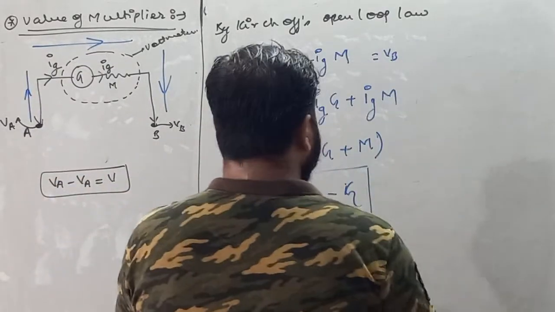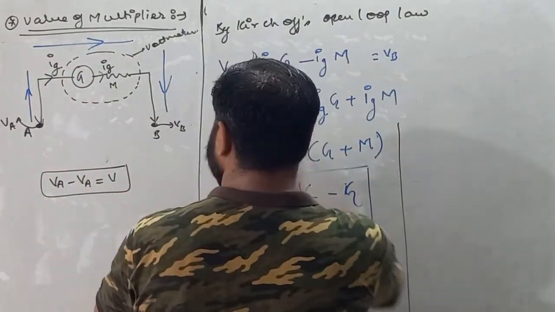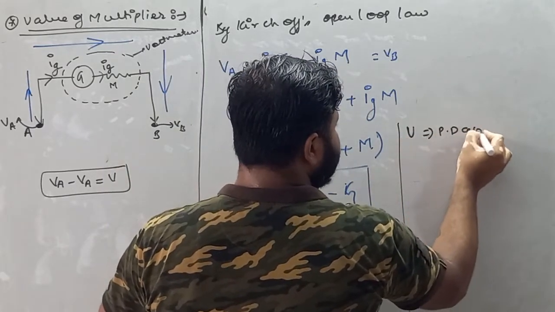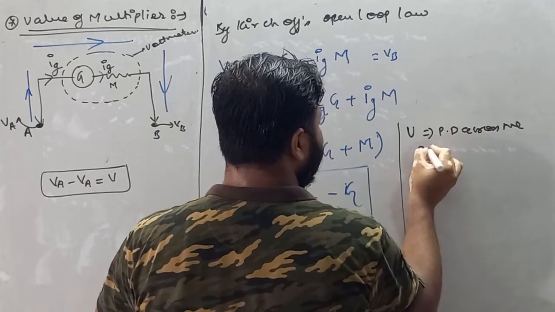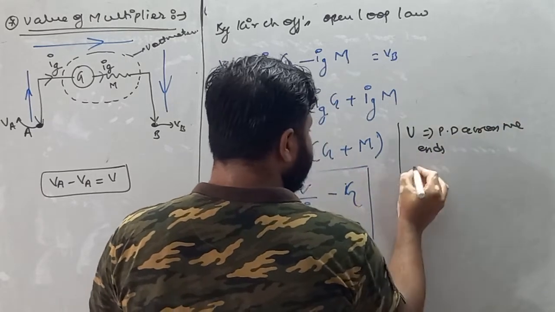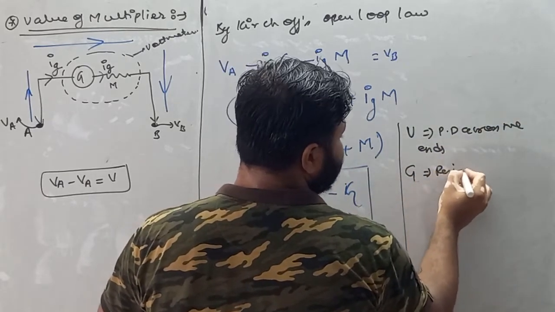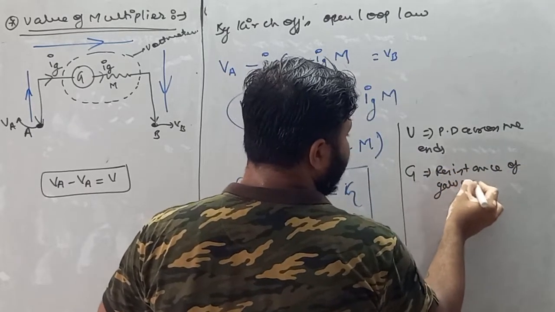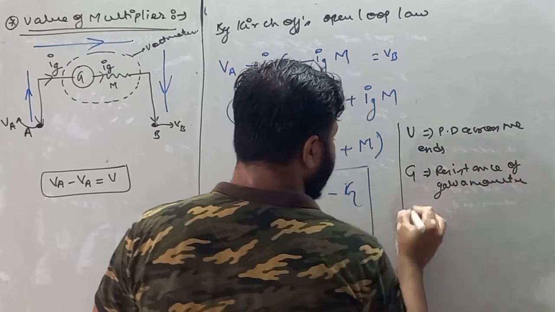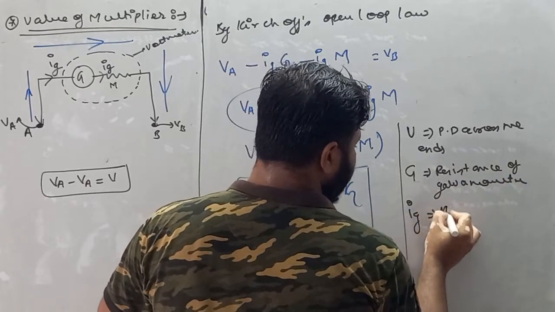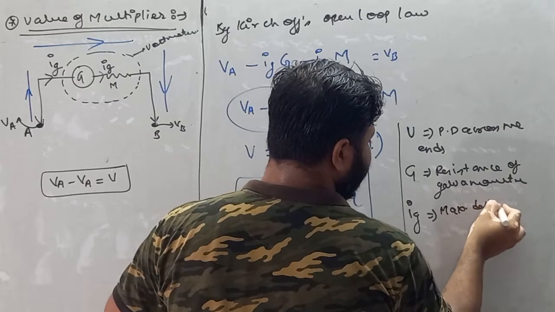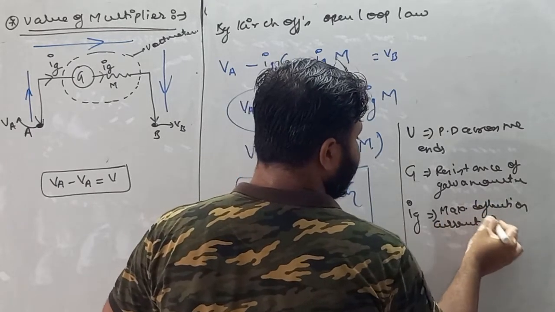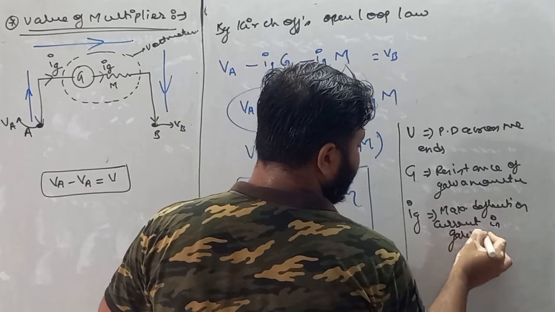V is potential difference across the terminals, G is resistance of galvanometer, and Ig is maximum deflection current in galvanometer.